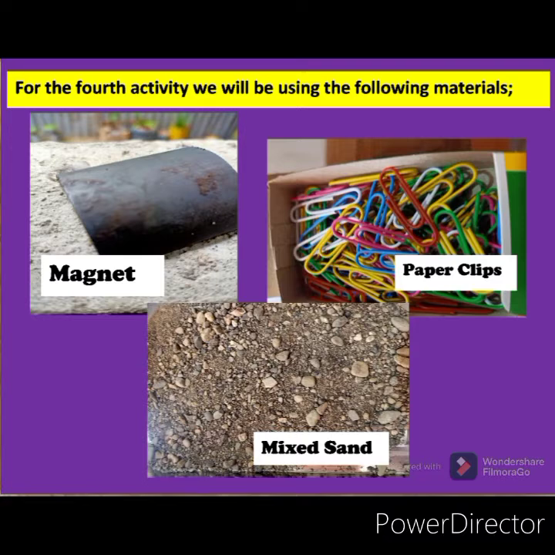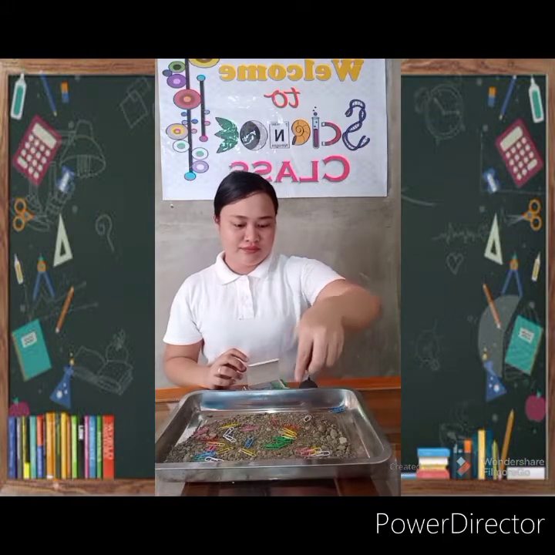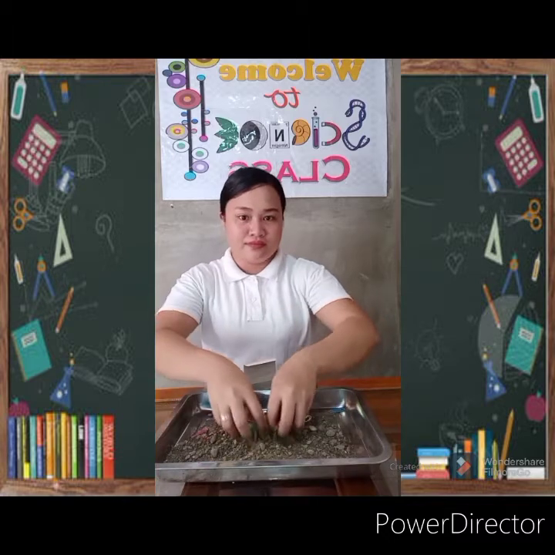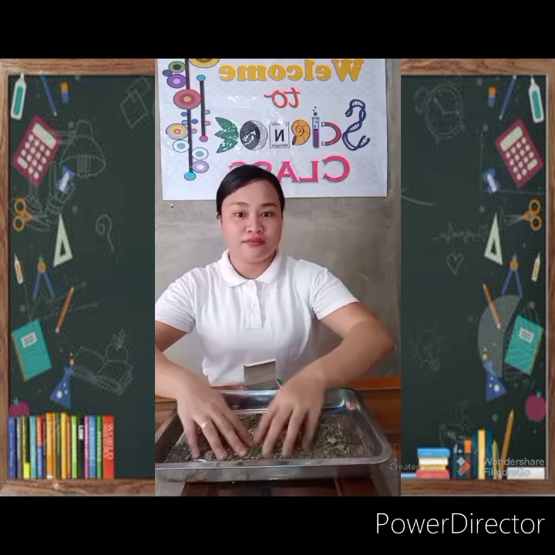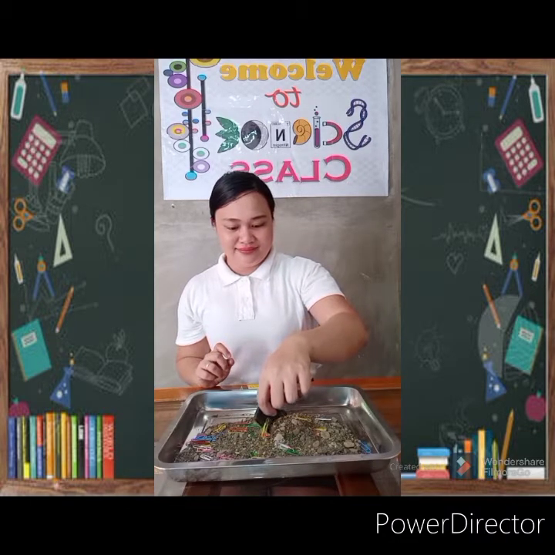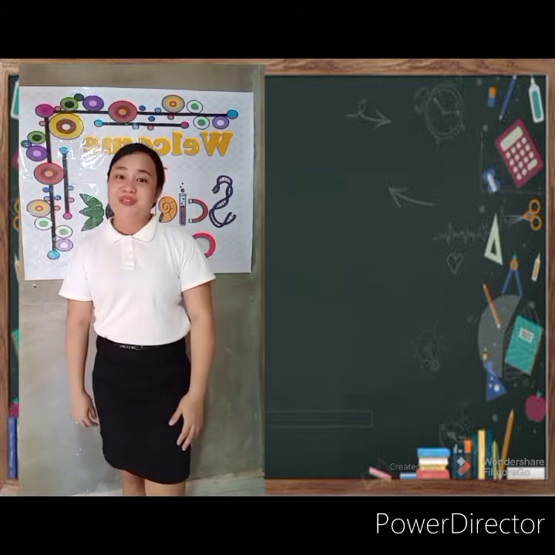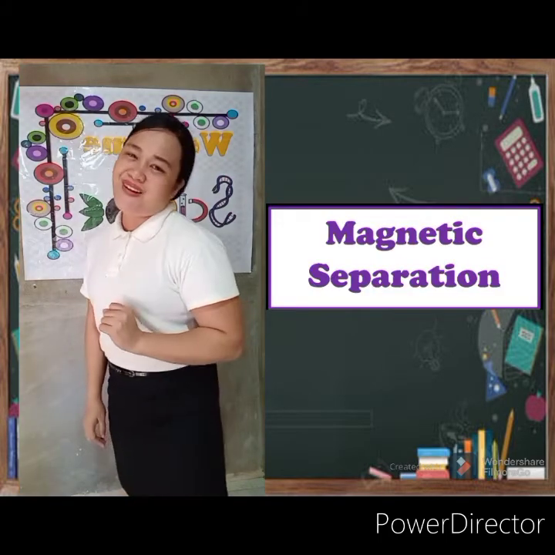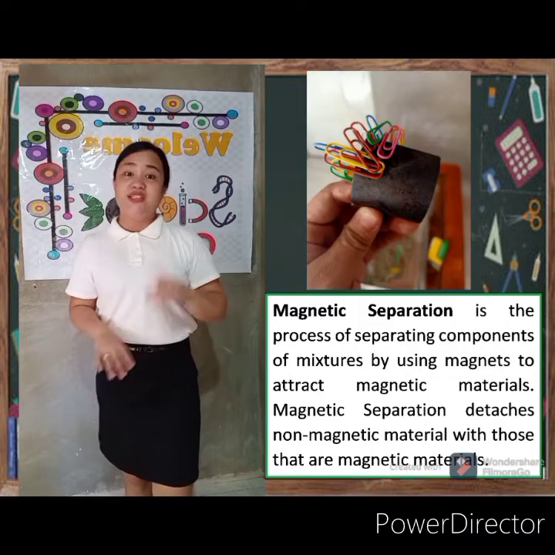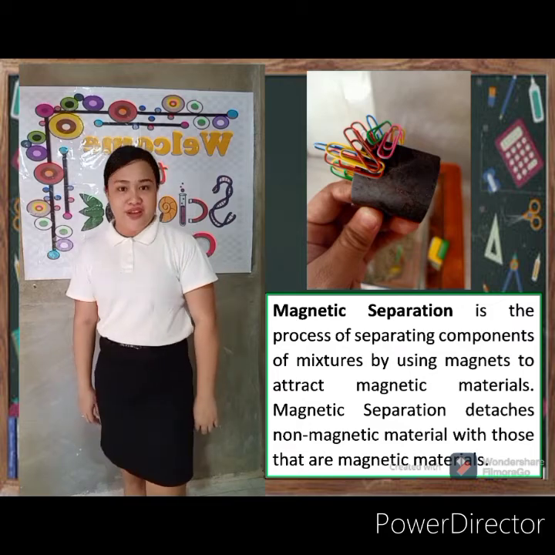For the last activity, we will be using the following materials: magnet, mixing container, and paper clips. Now class, put all the paper clips in the container mixed together. Now class, observe what will happen next when we put it near the magnet. Okay, class, the last activity uses magnetic separation. Magnetic separation is a process that uses magnets to attract magnetic material.